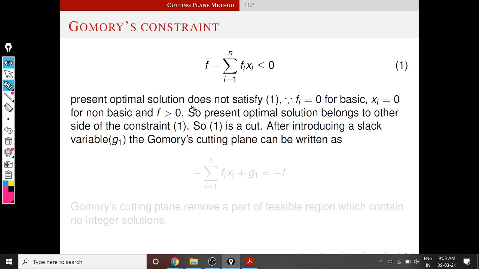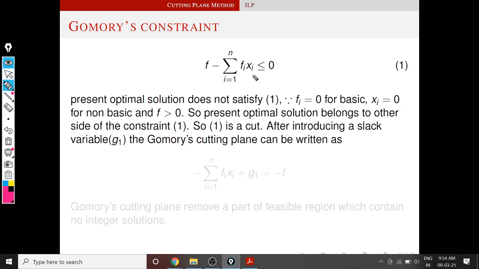The present solution does not satisfy this one. Why? The present solution means for the basic variables the fractions fi's are 0, and for the non-basic variables xi's are 0. So the present optimal solution doesn't satisfy this inequality.